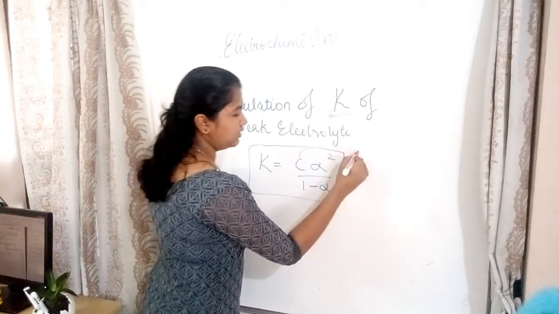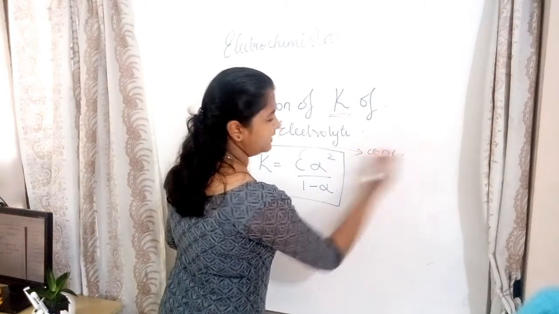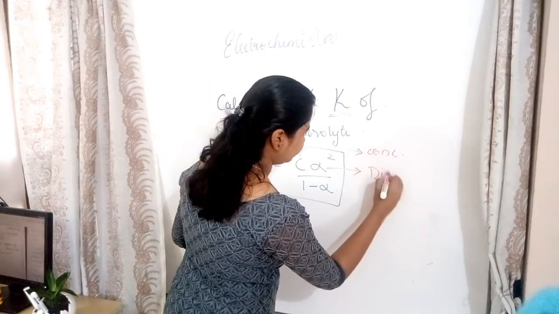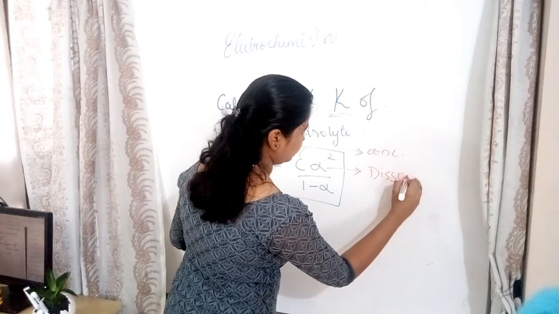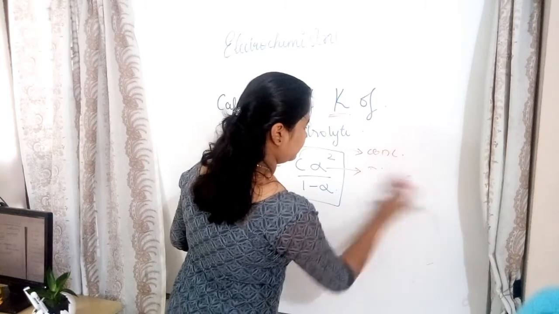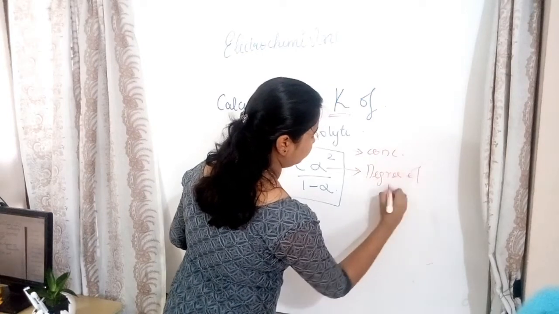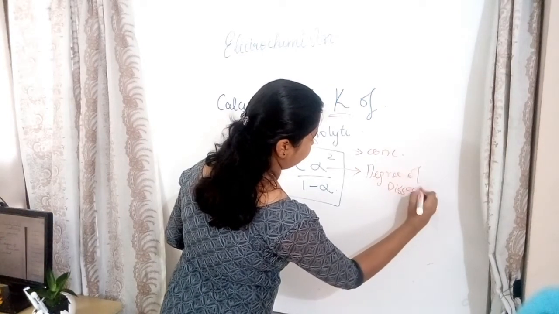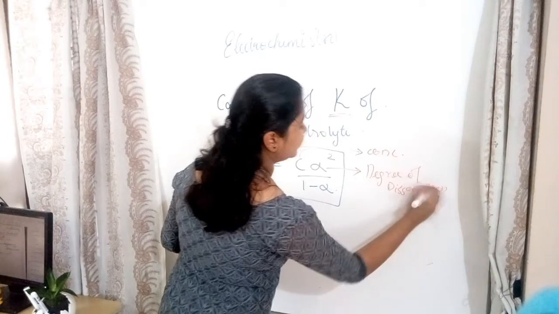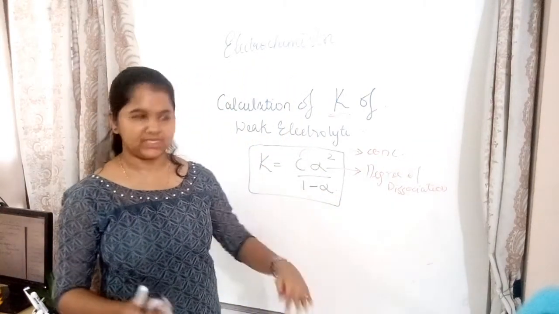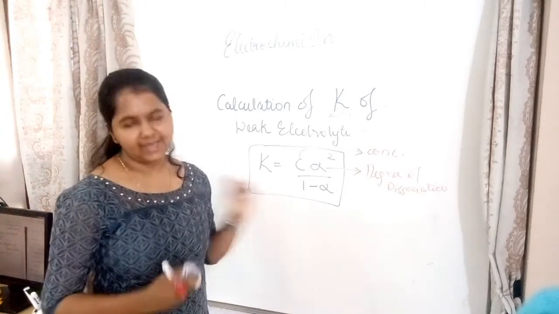C is the concentration of the electrolyte. Alpha is the degree of dissociation, and if you find the degree of dissociation, you can find K.